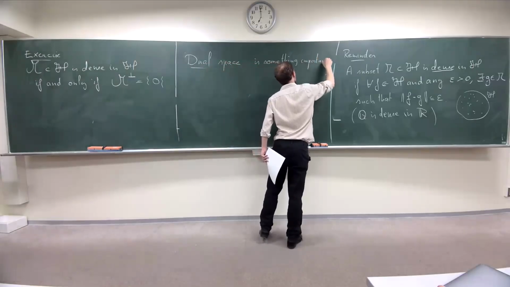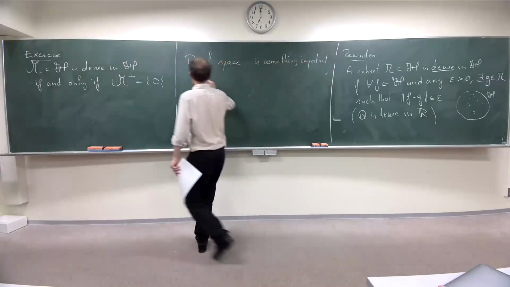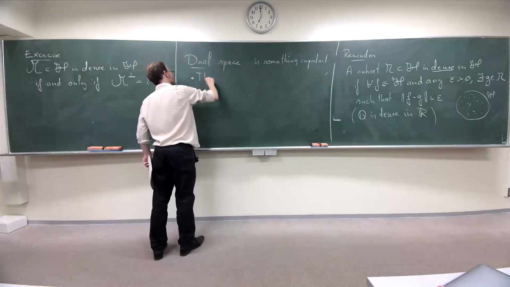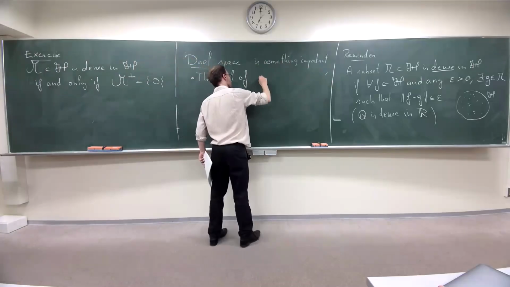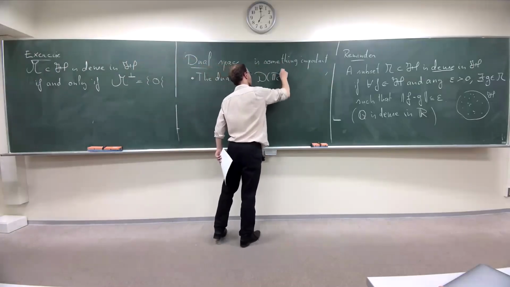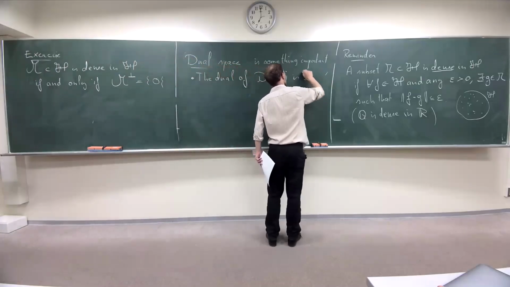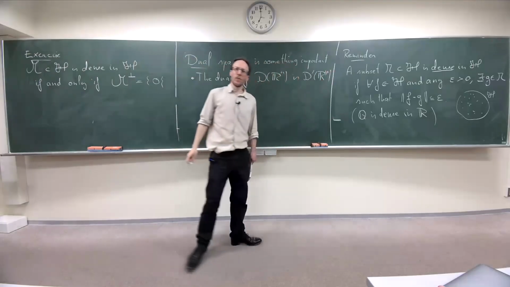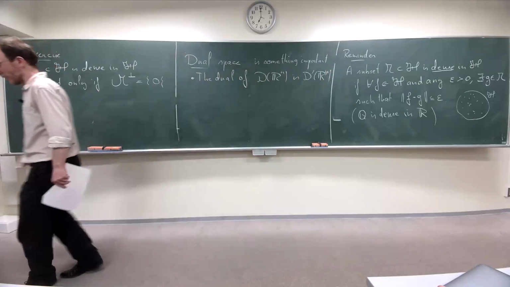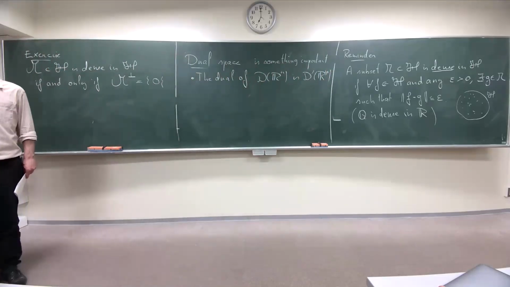So let me first give you the example you know. The dual of D of Rn is the set of distributions. I did not define dual, but I will do it. But I can already tell you one example.